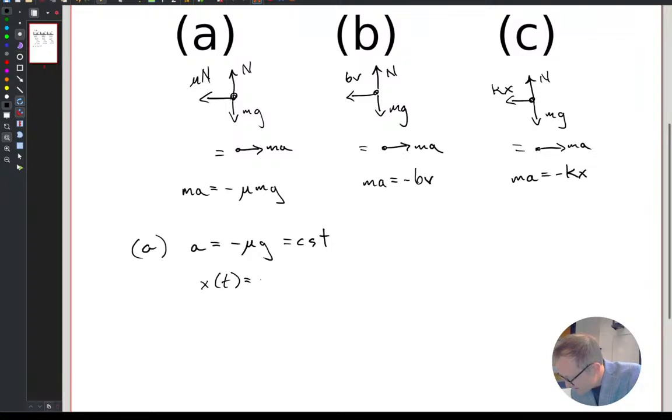So x of t equals x0 plus v0 t minus mu g t squared over 2. We could get there by integrating that constant twice, or we have that banked away as the kinematic equation for position.